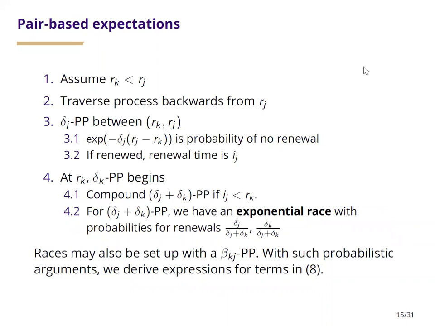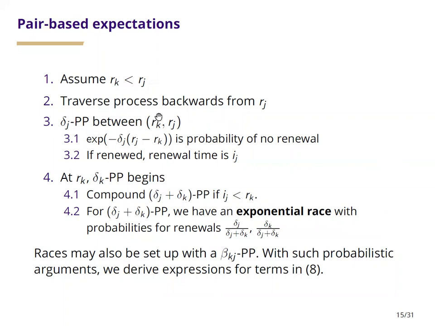So as a sketch of this probabilistic argument, since we're going to study various cases, let's just assume for illustration that the removal time Rk is less than Rj. So we're going to be traversing the CTMC process backwards from the removal time Rj.